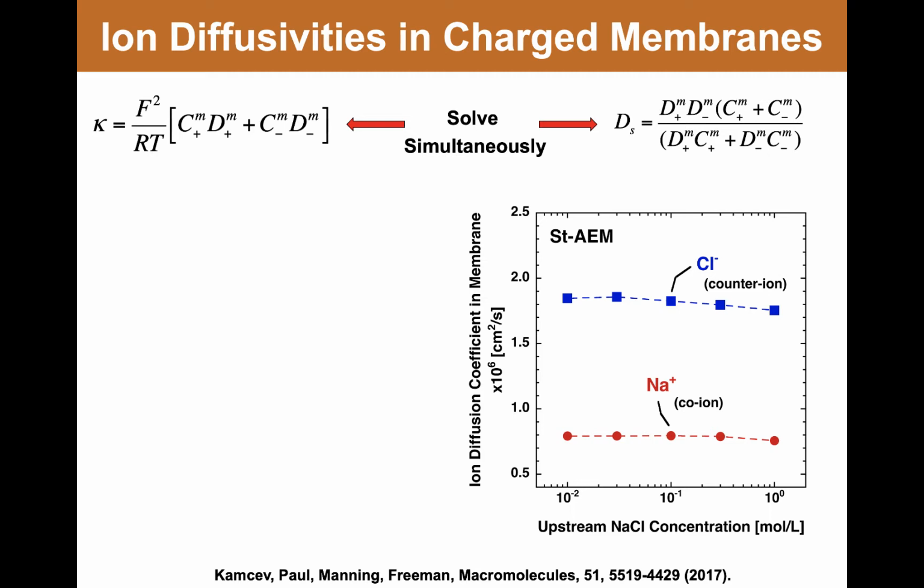it shows is that the sodium and chloride ion diffusion coefficients don't change very much with upstream sodium chloride concentration, and the chloride is moving generally faster than the sodium. This is perhaps, at least at first glance, not surprising.